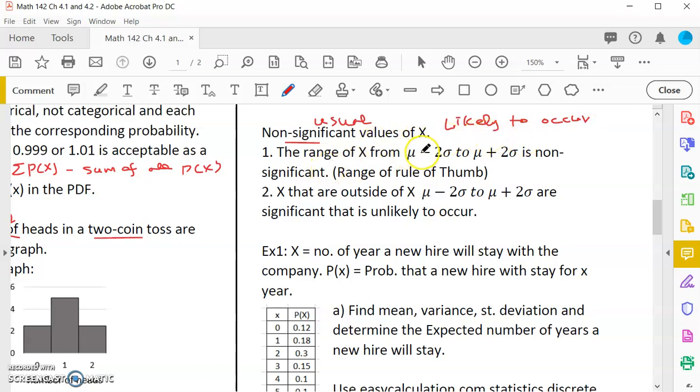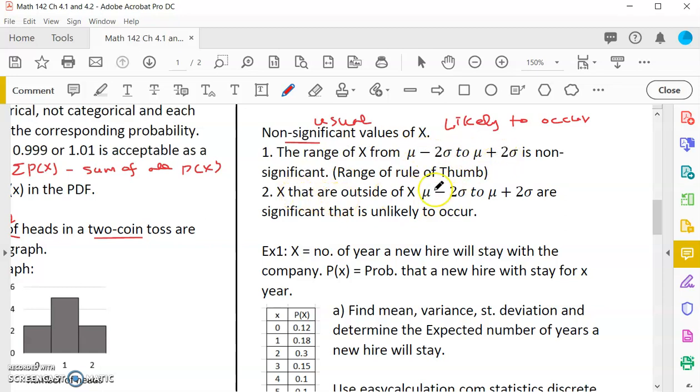So the range is just like in data. The usual range is mu minus 2 sigma to mu plus 2 sigma, 2 standard deviations away from the mean. And we call it the range rule of thumb. So if they ask you to calculate the non-significant values, you will calculate mu minus 2 sigma to mu plus 2 sigma.